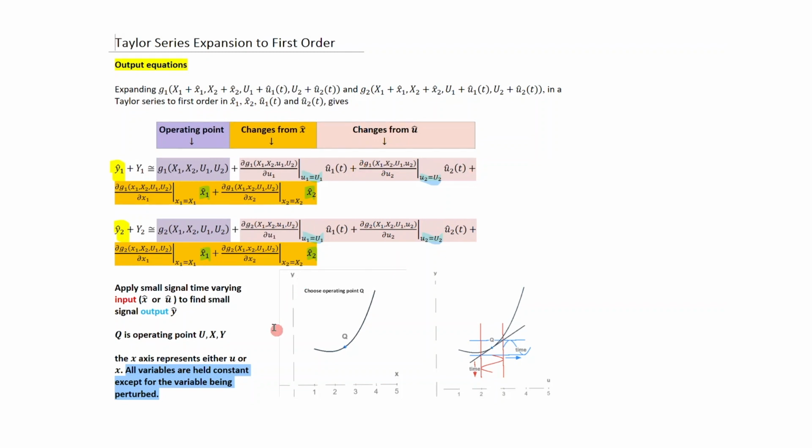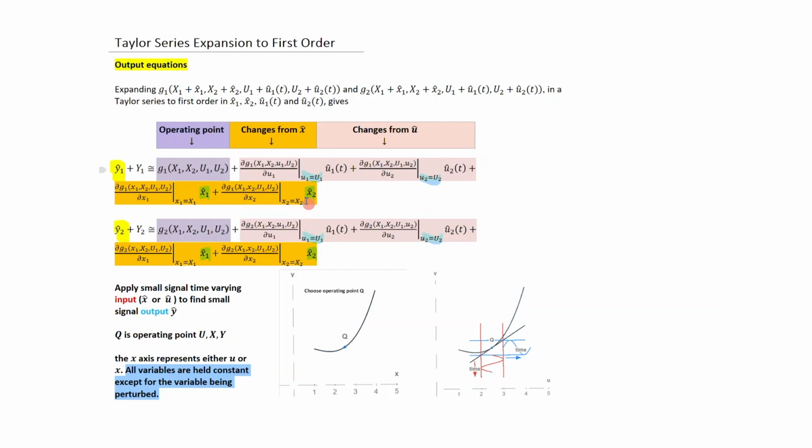Now, of course, we could graph various things. You look, for instance, does the output change for y1 or y2 with respect to changes in u1 and u2 or x1 and x2. And so this is just showing, say, for one combination with everything else being held constant, and you would have a graph similar to what we had discussed in a previous lecture. And so what you're doing is making a small signal perturbation in the input.